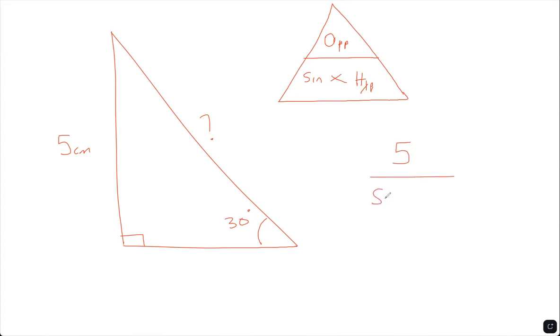Sine 30. That'll give you 5 over 0.5, so that's 10. If you press the calculator, sine 30 is 0.5.